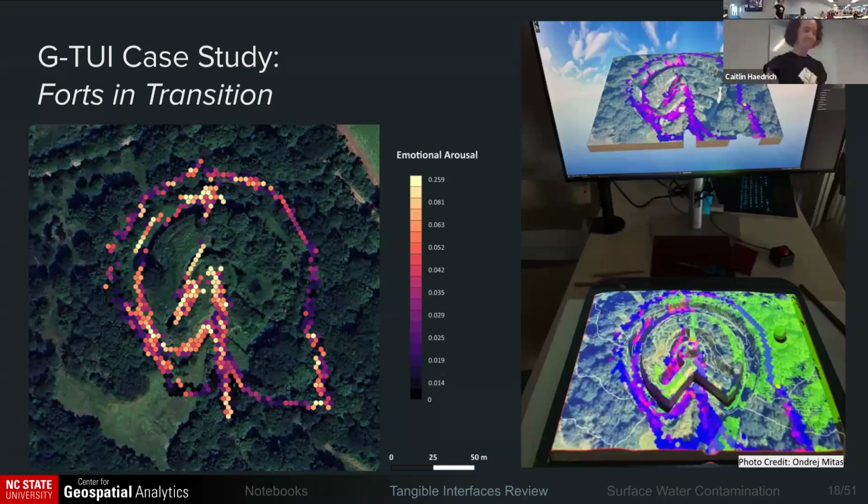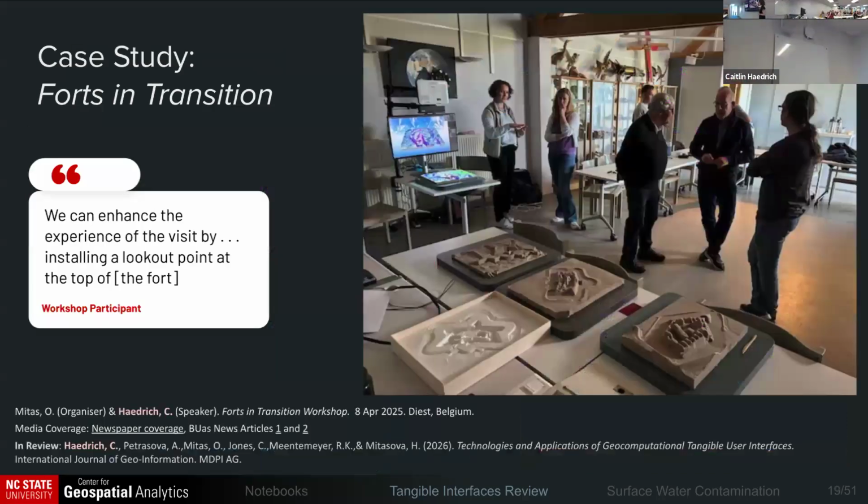And so here's a picture after the workshop, and you can see here's all those forts from the first slide that are now turned into little sand landscapes. And we created them with these 3D printed molds. And we felt it was a really successful way, not just to engage them in the results of the study, but also to facilitate that discussion about what the next steps might be, and to exchange ideas about what the fort's future might look like.